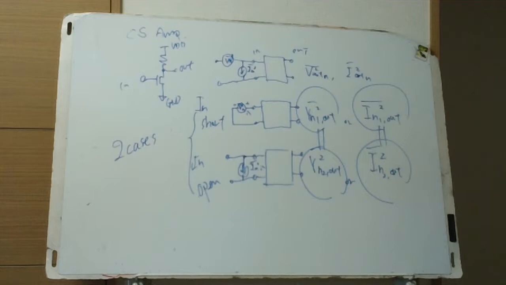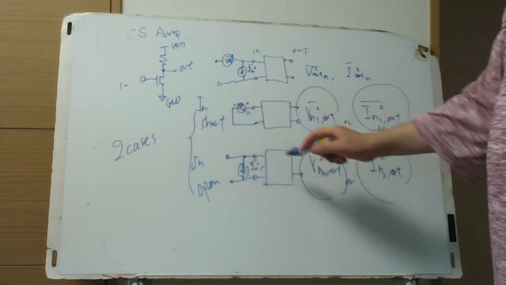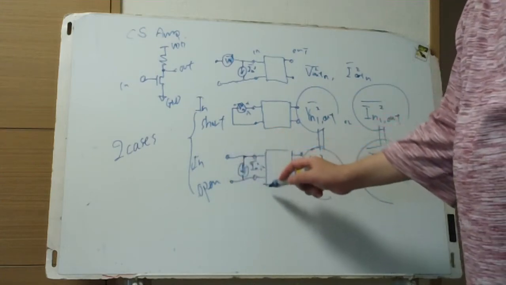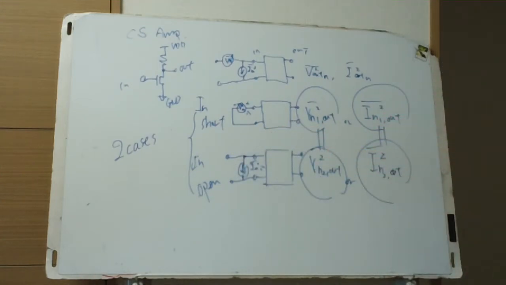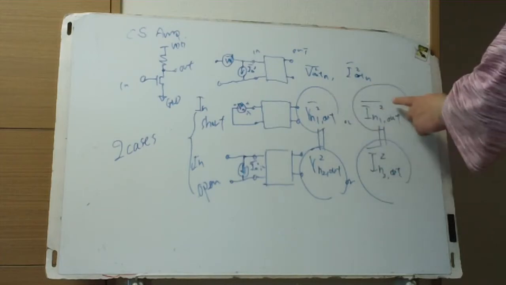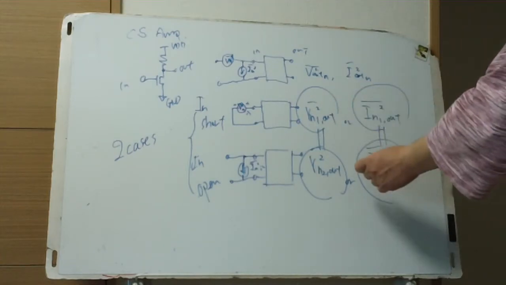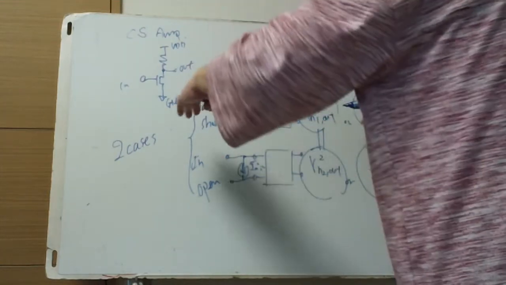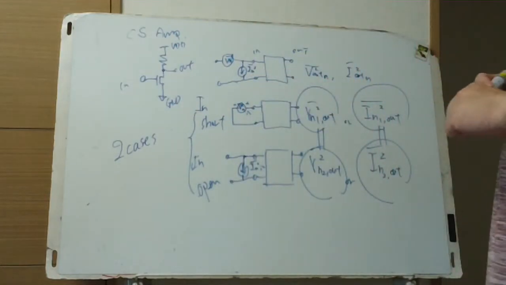Then we can concentrate on input noise voltage in short cases and input current noise in open cases, separately generating different expressions of the output.